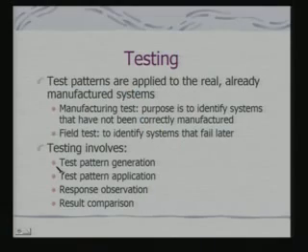Okay. So, the testing involves test pattern generation, test pattern application, response observation and result comparison. Okay. So, I need to generate the test pattern, then apply the test pattern, see what kind of observation the system is providing and figure out whether the result that you are getting meets your specification or not.